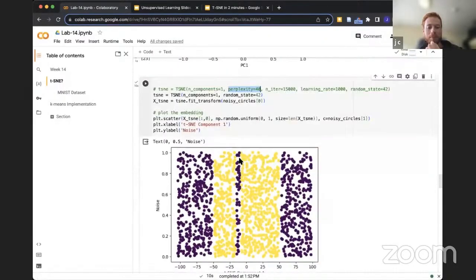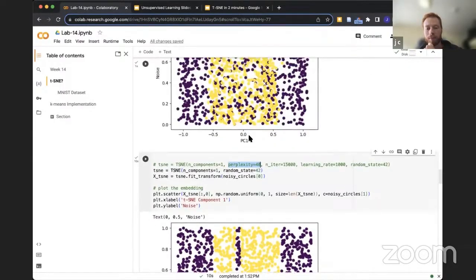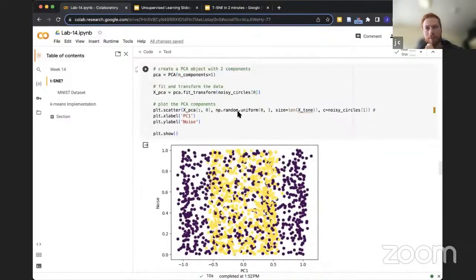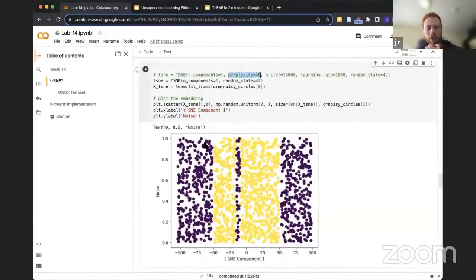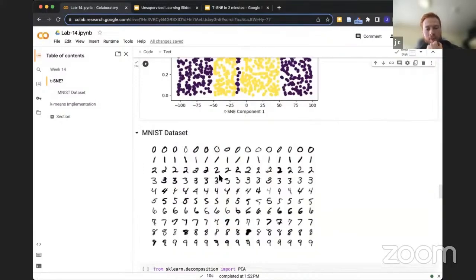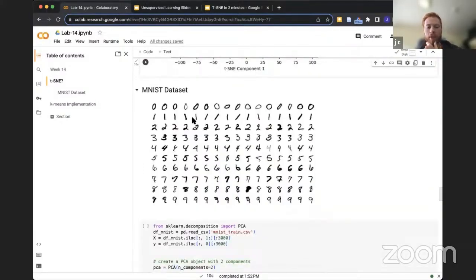I would say it's mostly about interpreting results today. Now let's run T-SNE and PCA on the MNIST dataset.